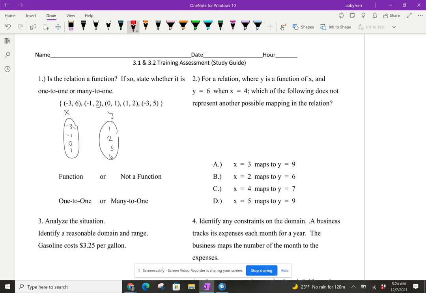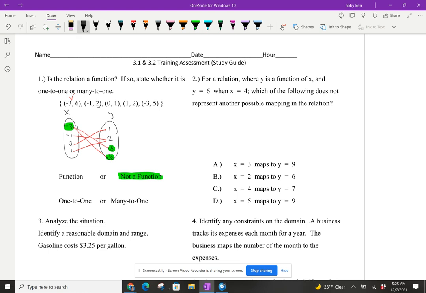So -3 maps to 6, -1 maps to 2, 0 maps to 1, 1 maps to 2, and then -3 matches to 5. Now -3 makes it not a function because it maps to 5 and 6. So this would not be a function.